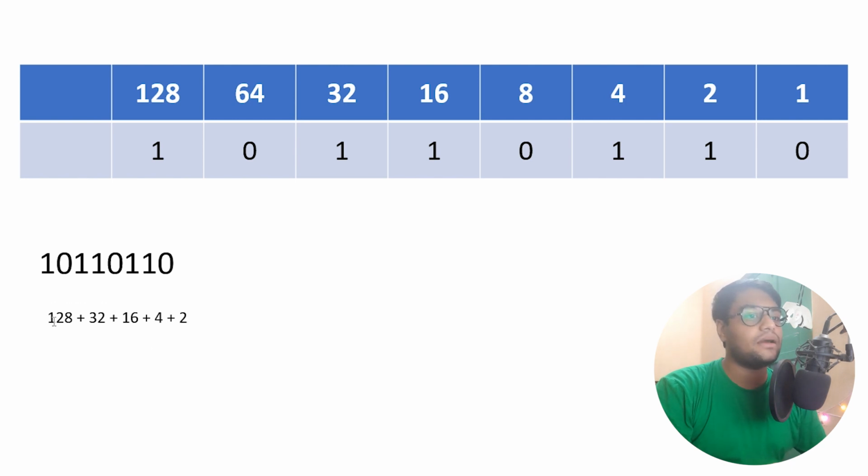These are the numbers that we have to add up. We have a 1 below 128, a 1 below 32, a 1 below 16, a 1 below 4, and a 1 below 2. You just add up those numbers and you get the result. So how much does it add up to? 128 plus 32 plus 16 plus 4 plus 2 gives us 182.